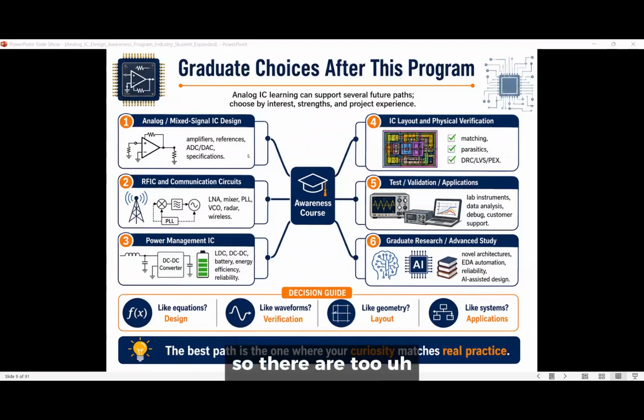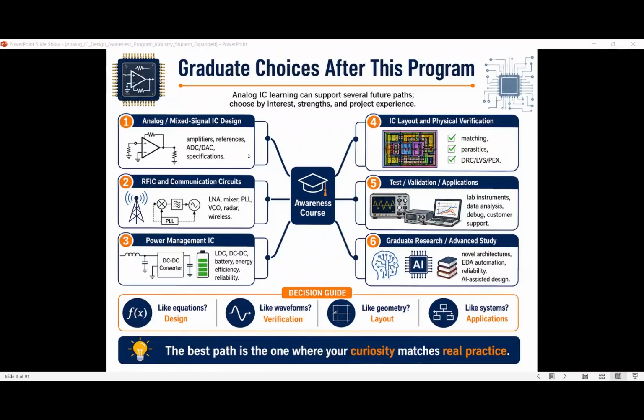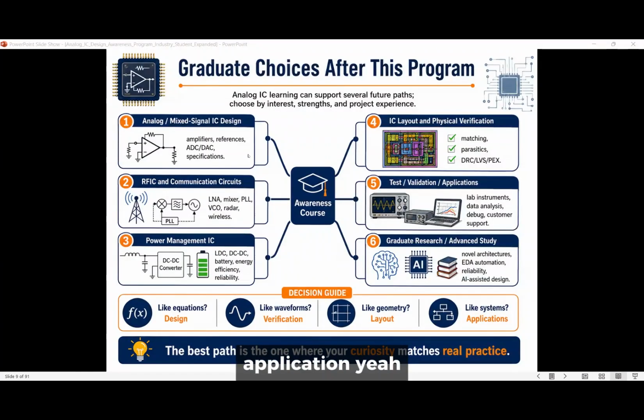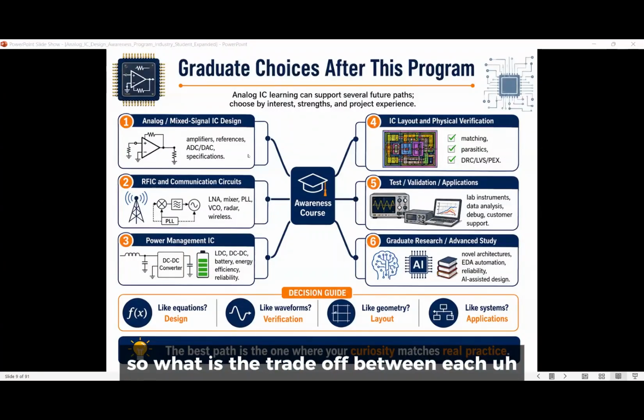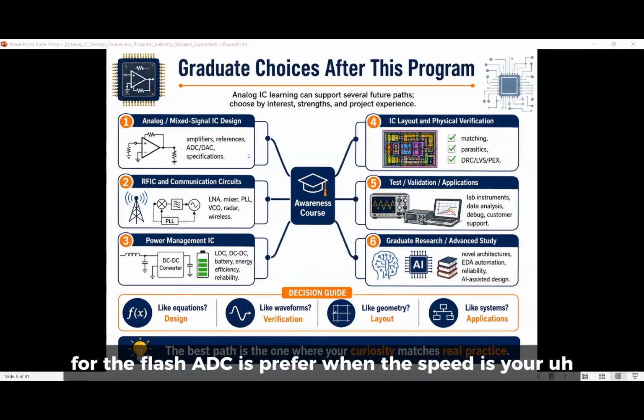For ADC and DAC, there are too many to discuss. For example, the noise and the quantization error, how many stages you are using for the pipeline, and what topology, for example delta sigma or something like that. What topology do you prefer for a specific application? You have to answer quickly. What is the trade-off for each topology? For example, the flash ADC is preferred when speed is your concern.